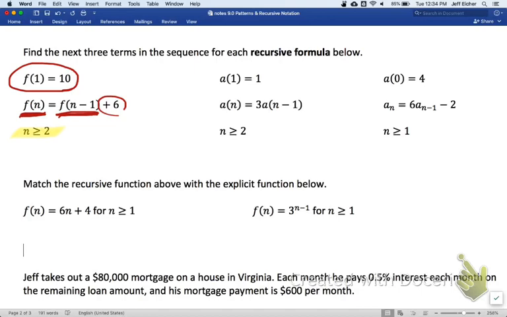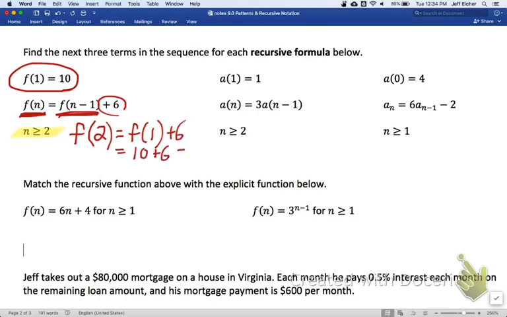Notice also we have this f of n notation. Earlier we had a's, I think. But if we want our next three terms, we want our second term. Our second term would be our first term plus 6. Our first term was 10.